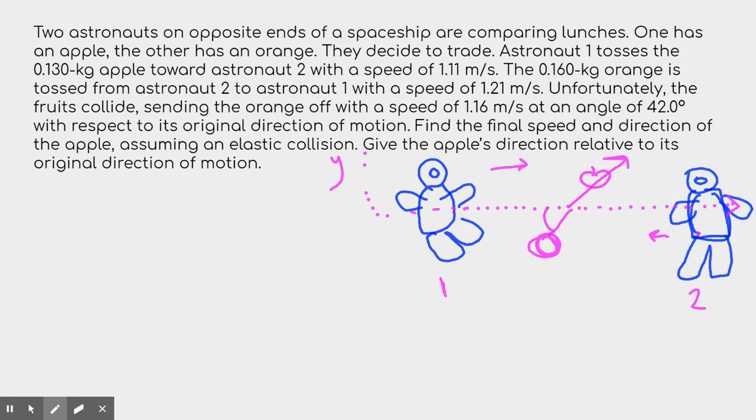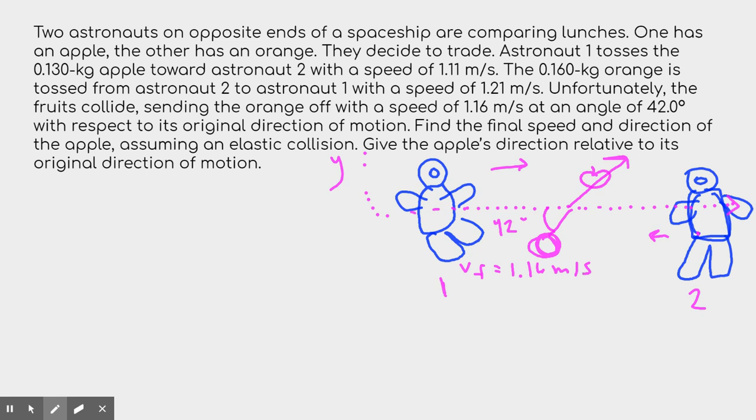We were told the angle that the orange moved off with, 42.0 degrees. And we were told the final velocity, which is 1.16 meters per second. We were not given any final information for the apple, so we are going to need to find it. We want to find the final speed and the direction of that apple.